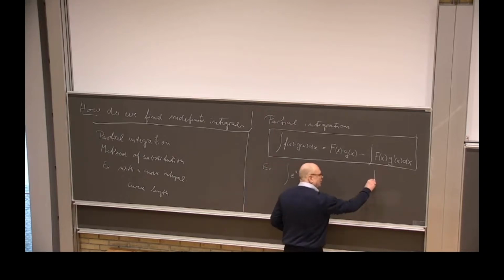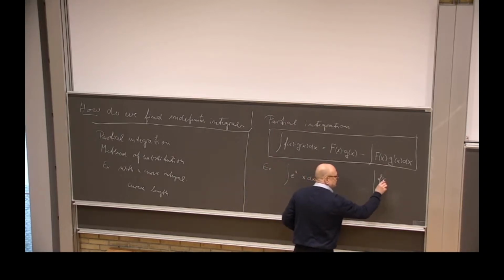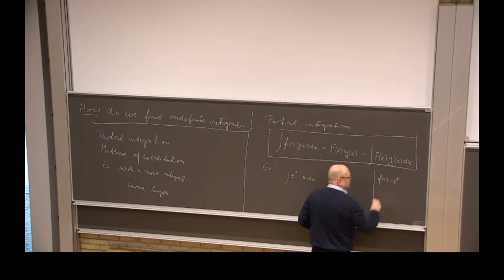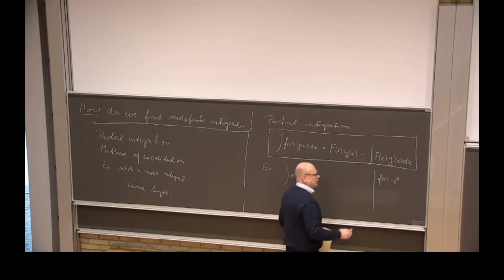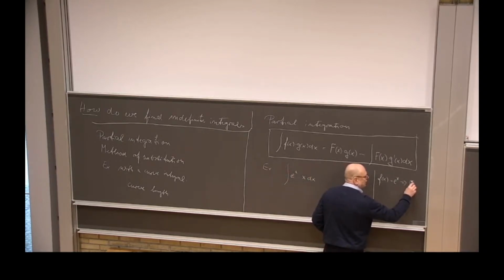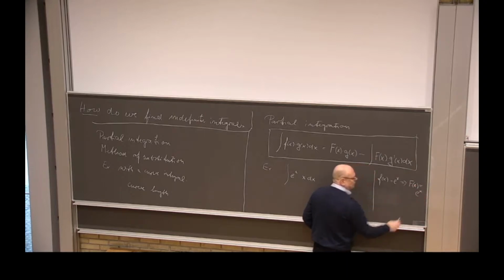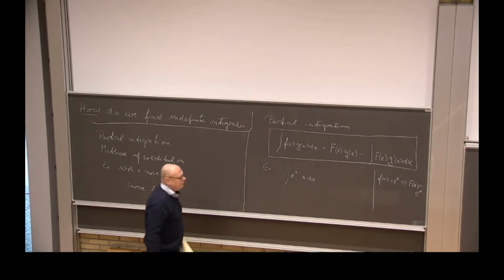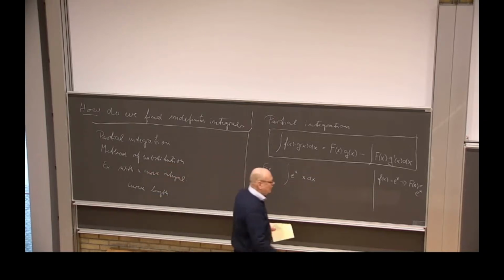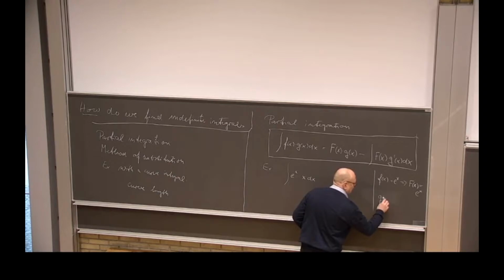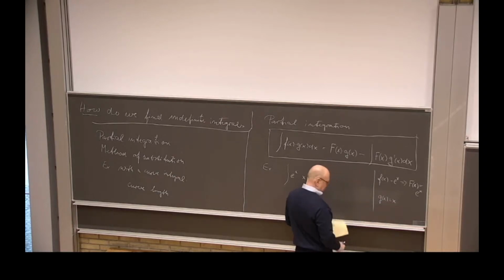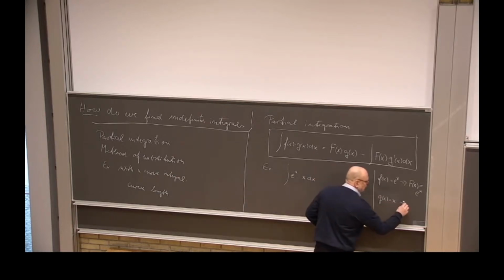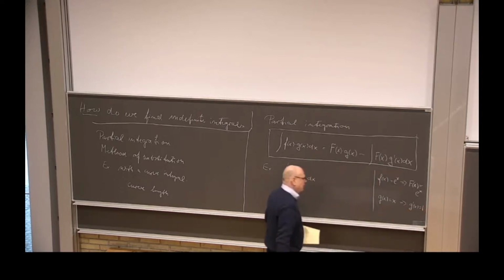So what I'm going to do is put f of x equal to this exponential function. And then I have my indefinite integral that is equal to the exponential function. And the derivative of g, which is x, is equal to 1.